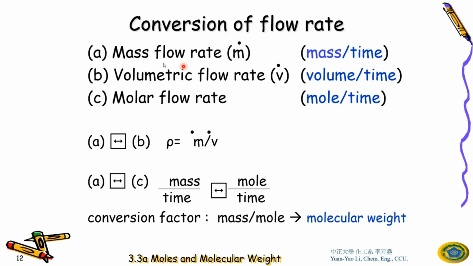So you understand that from the volumetric flow rate to mass flow rate, the conversion factor is density, right? So you will get the answer of mass flow rate. When you want to convert the mass flow rate to the molar flow rate, the conversion factor is what? It's molecular weight or atomic weight. So from here to here, density. From here to here, molecular weight or atomic weight.